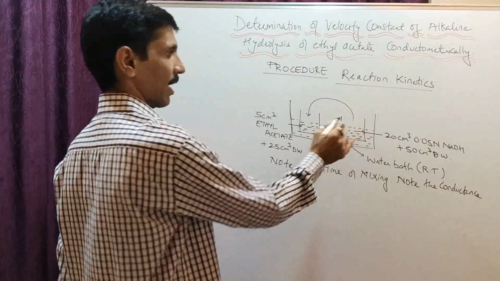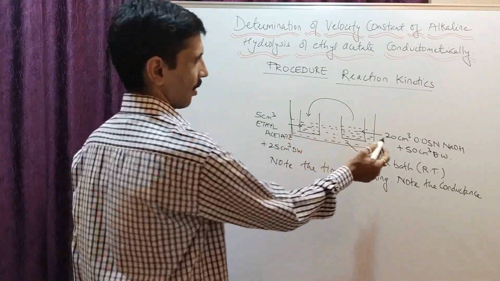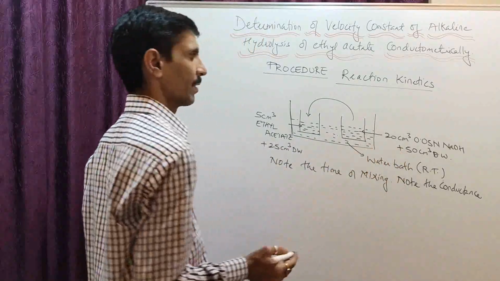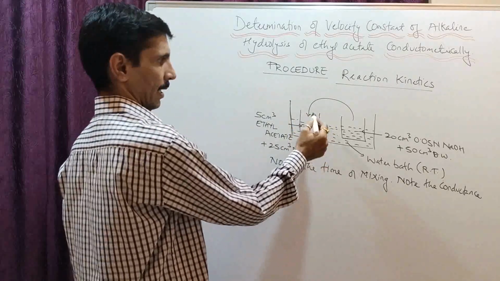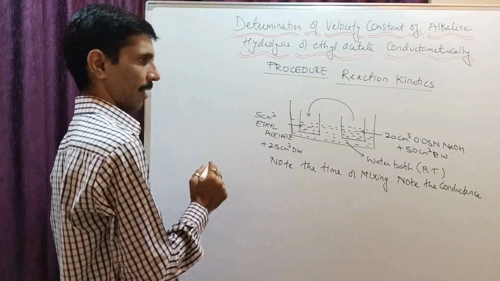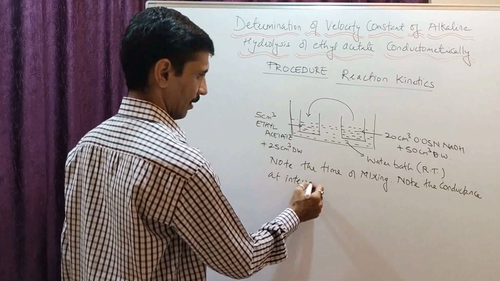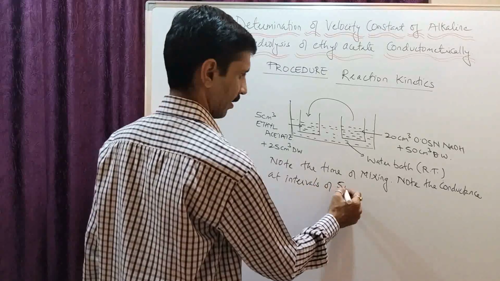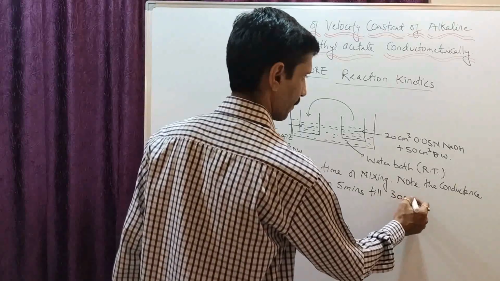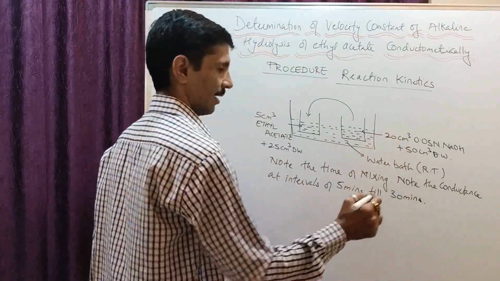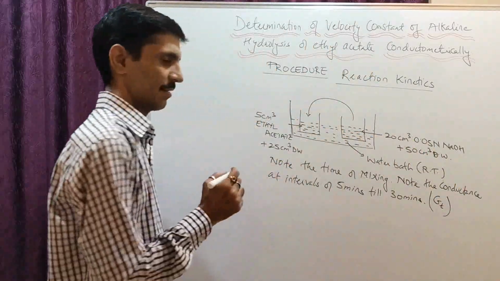This beaker will be empty now and everything will be in the other one. The total is 30 ml plus 70 ml, so the total will be 100 cm cube. We have to note the conductance of this beaker at intervals of 5 minutes till 30 minutes from the time of mixing, and these readings are denoted as GT.